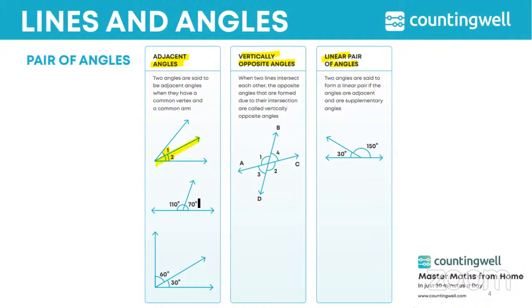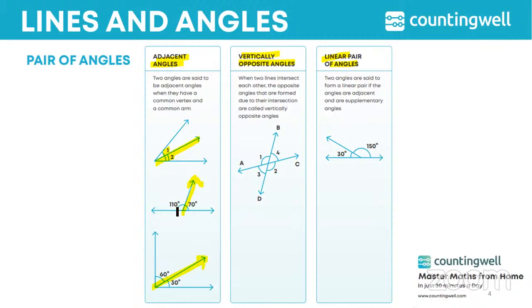For the second figure, the angles measuring 110 degrees and 70 degrees are adjacent, having a common vertex and common arm. For the third one, angles measuring 60 degrees and 30 degrees are adjacent angles having a common vertex and common arm.